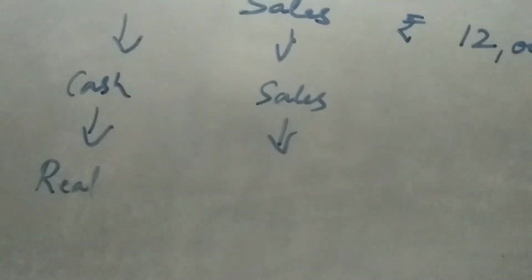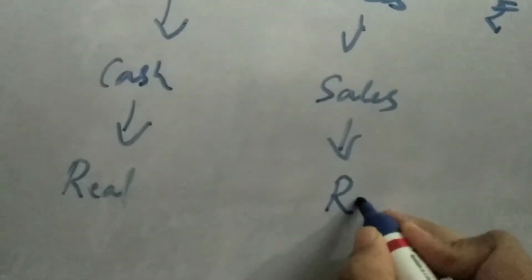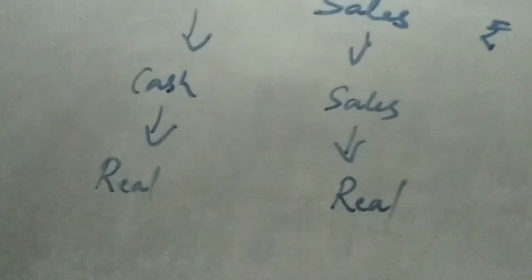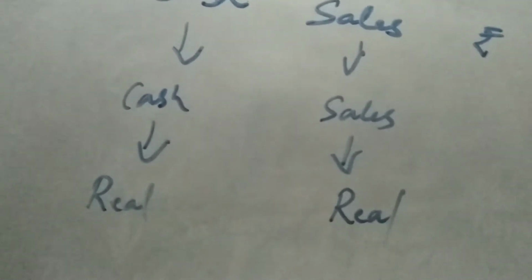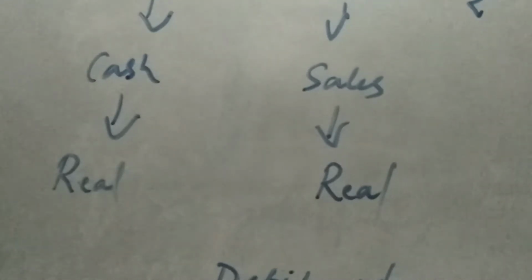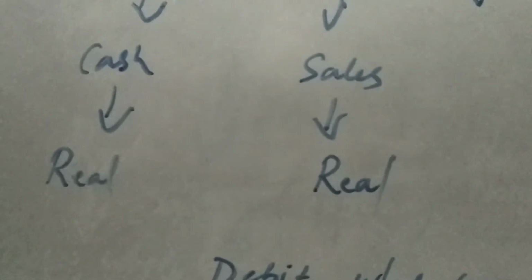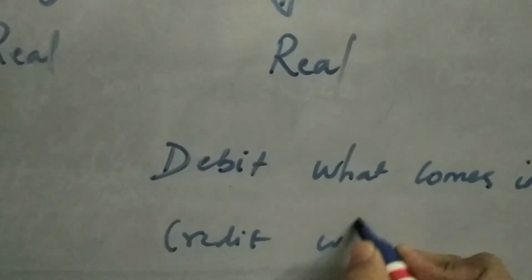So here I am going to take it as a real account item. So what is the rule? Debit what comes in, credit what goes out.